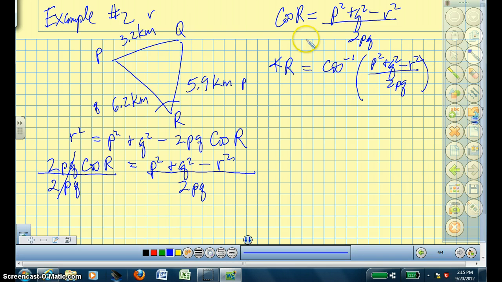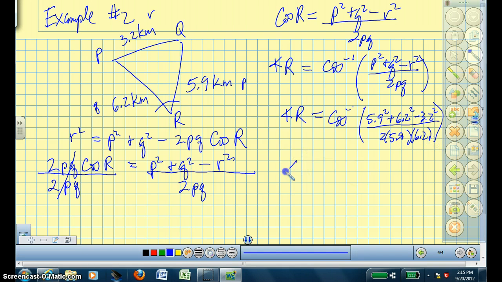Well, I have all this information now, so angle r is equal to cos inverse of p squared is 5.9 squared plus q squared is 6.2 squared minus 3.2 squared, all divided by 2 times 5.9 times 6.2. When you make this calculation, we get a measurement of approximately 31 degrees.